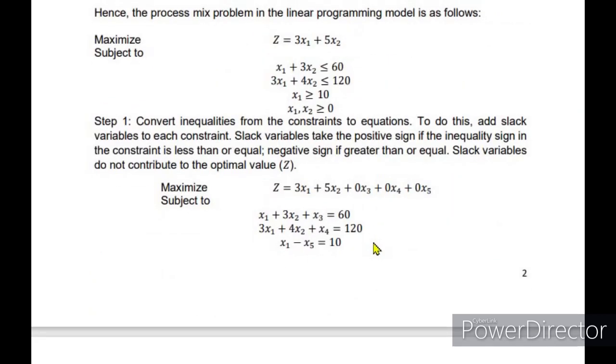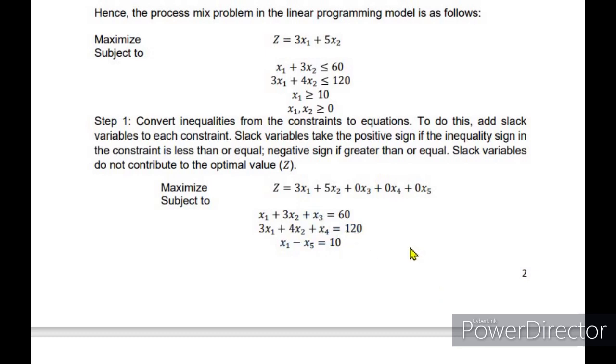Step 1: first we convert the inequalities from the constraints to equations. You already know how to convert them; you just add slack variables. Since it is maximization and the inequality sign is less than or equal, we will use positive slack variables.